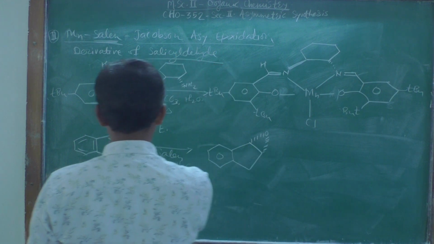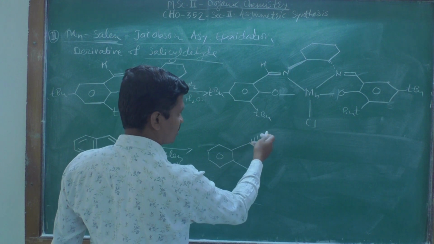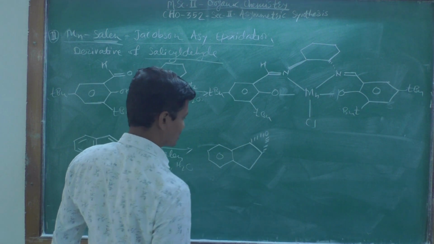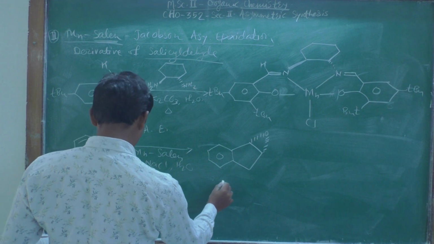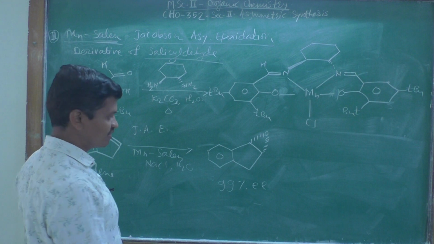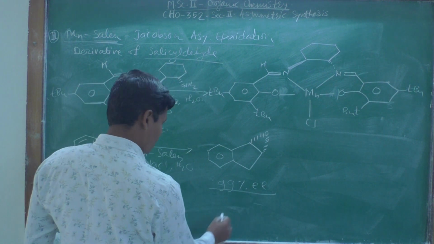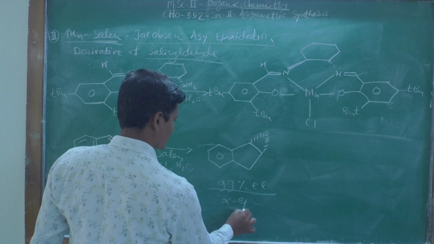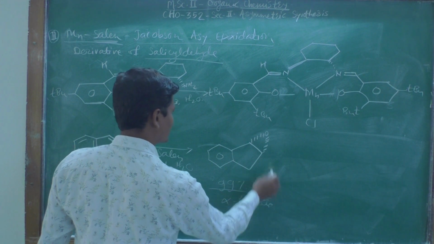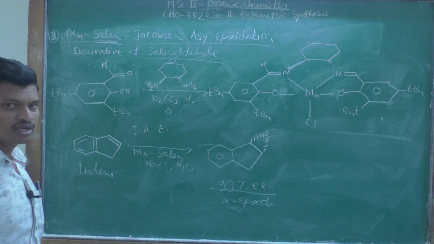The only change is that the carbon-carbon double bond is converted to carbon-oxygen, carbon-oxygen, that is, a 3-membered epoxide ring is formed, and this compound we are getting in 99% enantiomeric excess. See the enantioselectivity, 99% enantiomeric excess. And we are getting the alpha epoxide, that is, oxygen is coming from the bottom face of the carbon-carbon double bond.